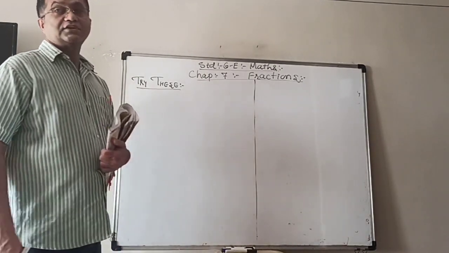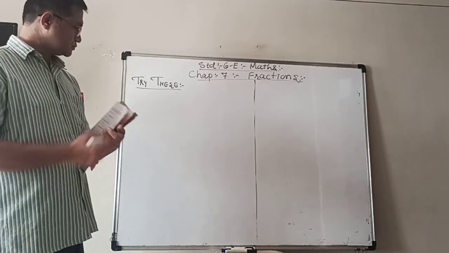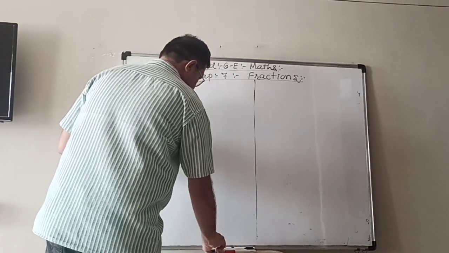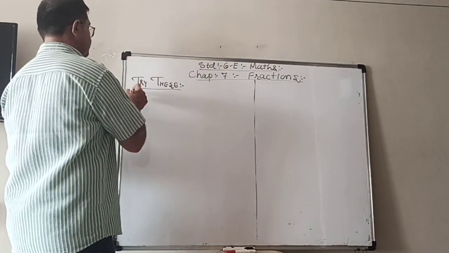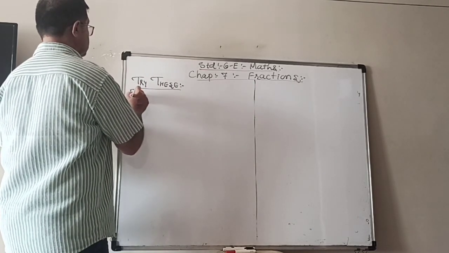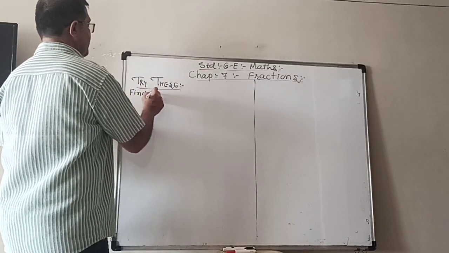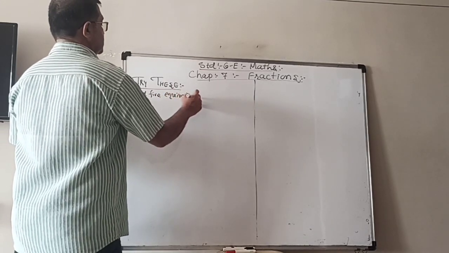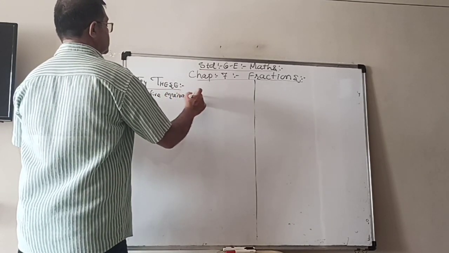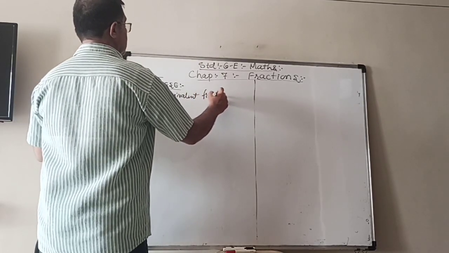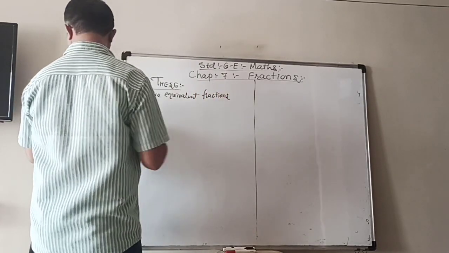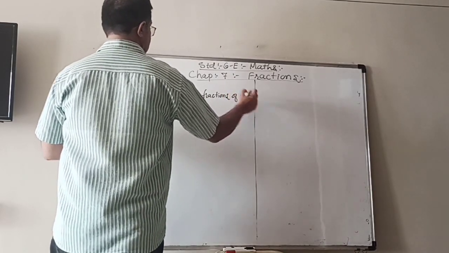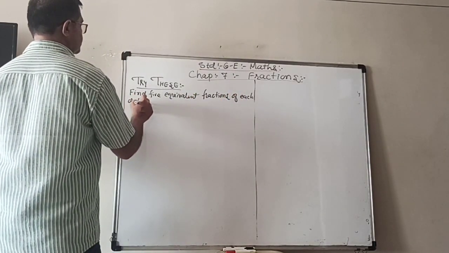Now let us do the sums in the Try This. It says: find 5 equivalent fractions of each of the following.